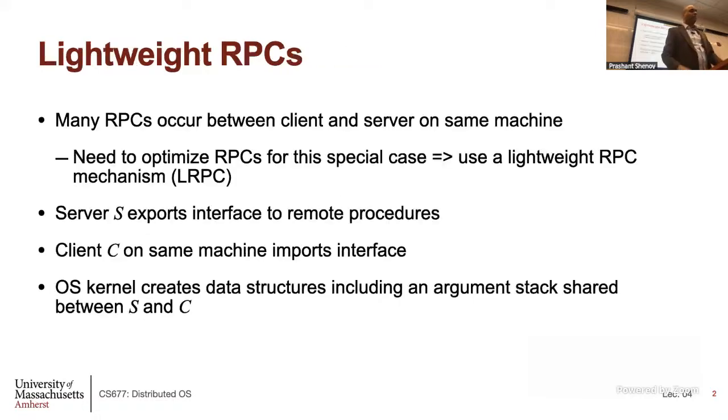Let's start with some RPC models. And the first one I'm going to describe is what is called a lightweight RPC. Okay? So remember, what is a remote procedure call? It's the ability for an application process to invoke a method that resides in another process, potentially somewhere else on the network that's running on some other machine. Okay?